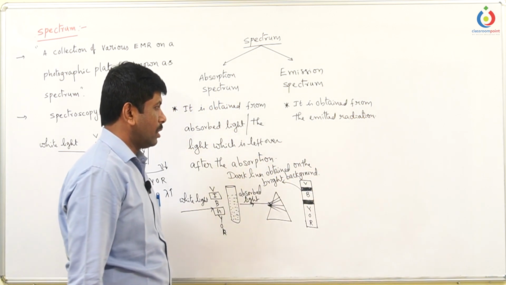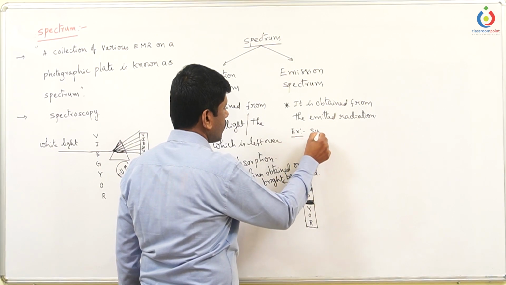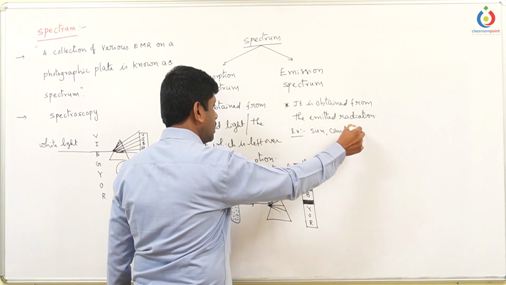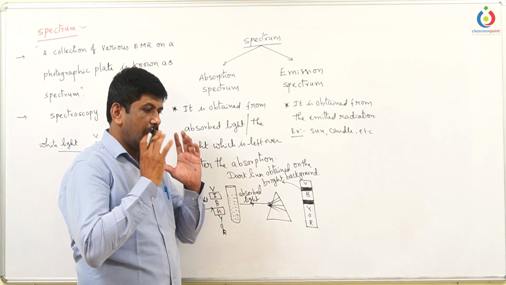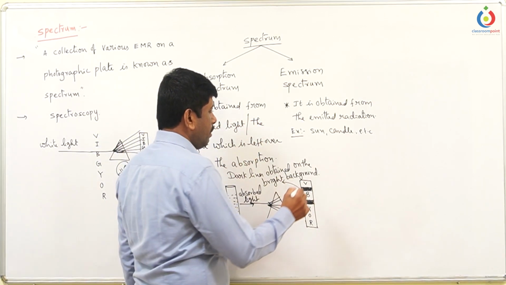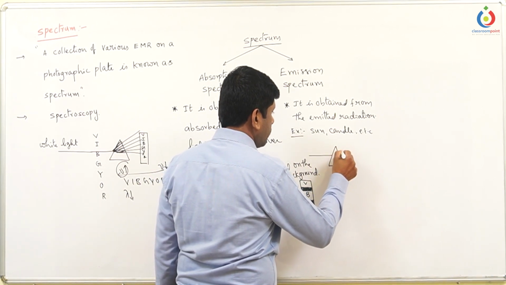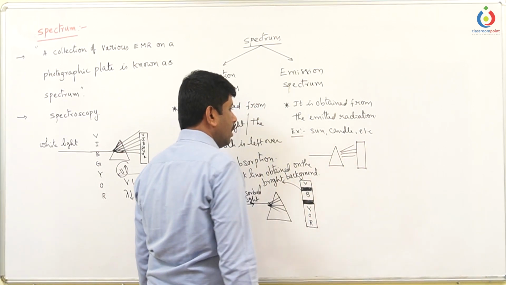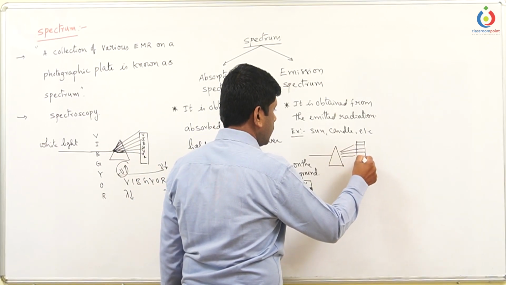That means whichever source, for example the sun or a candle or any igniting material, whatever materials you have taken, from where the radiation is released, that is the emitted radiation. When that emitted radiation is allowed to pass through the prism, it separates those electromagnetic radiations again based on their frequencies, and these are collected on the photographic plate.